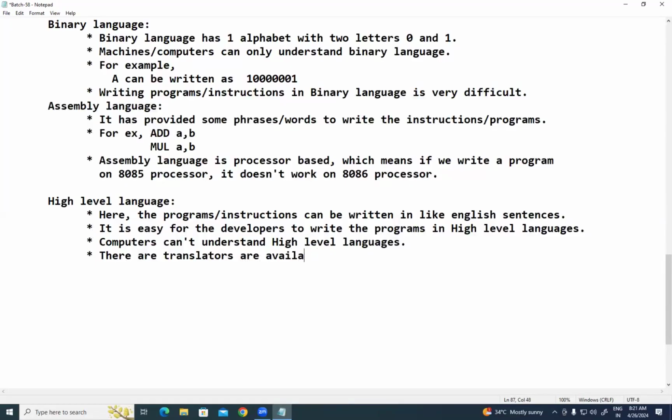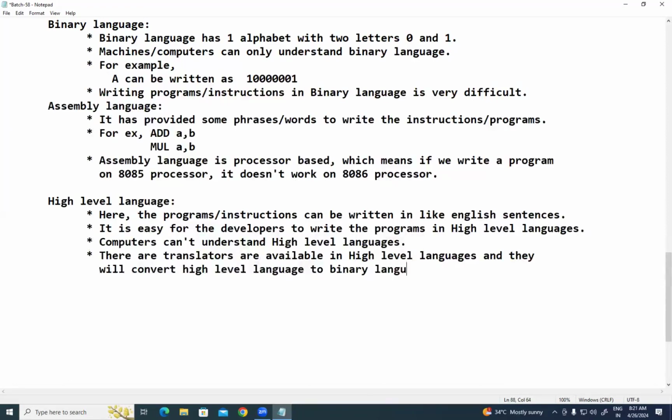Translators are available for high level languages, and they will convert high level language to binary language. Am I clear so far?